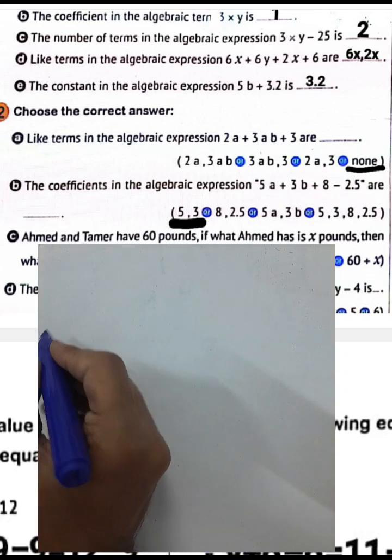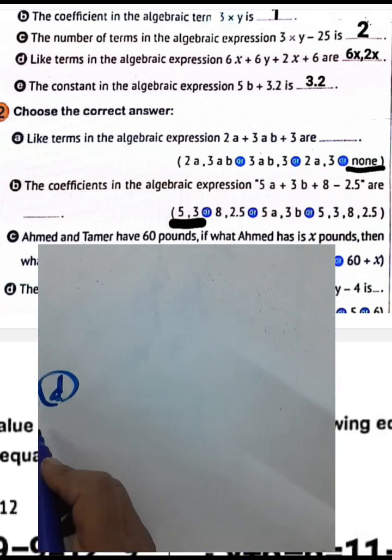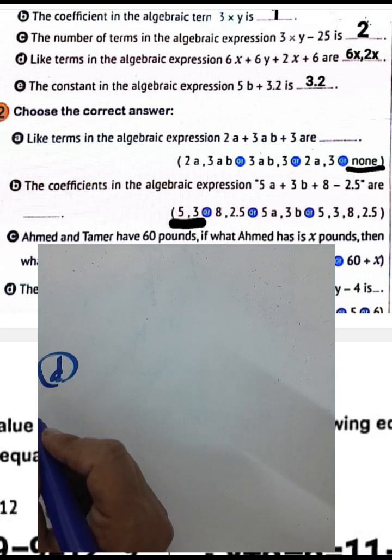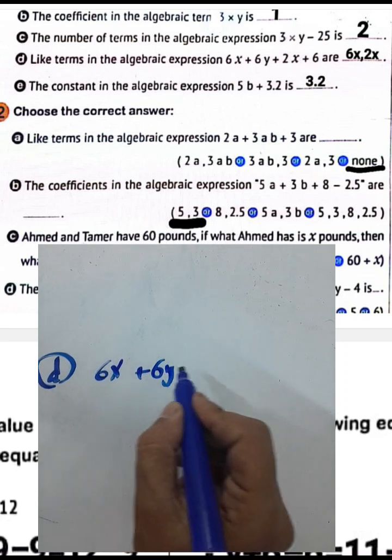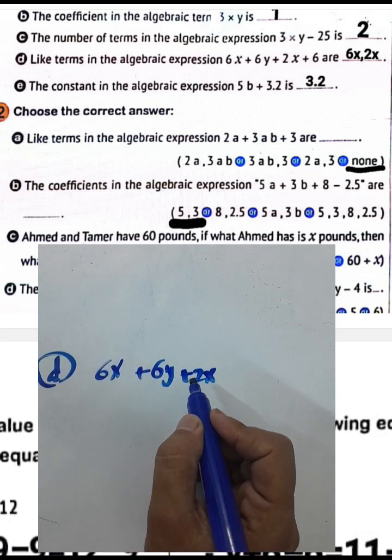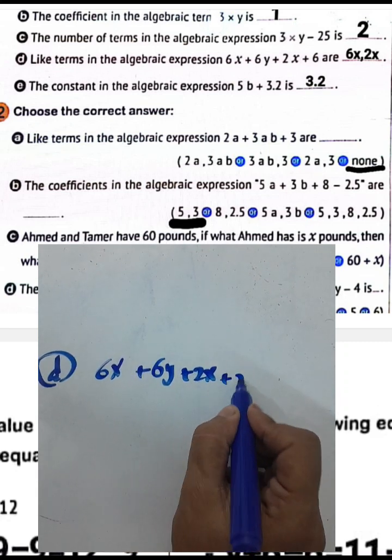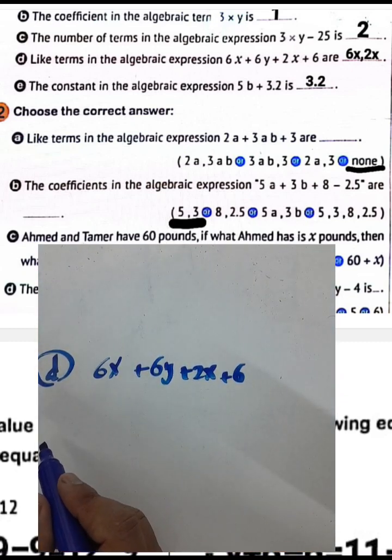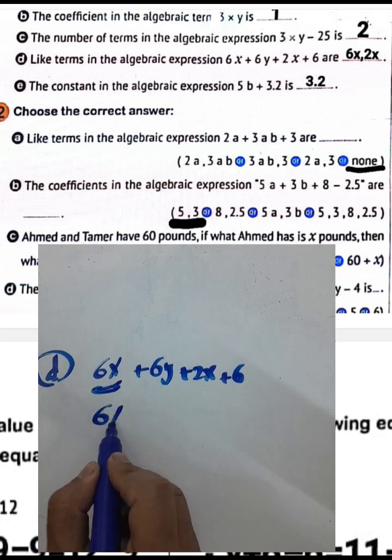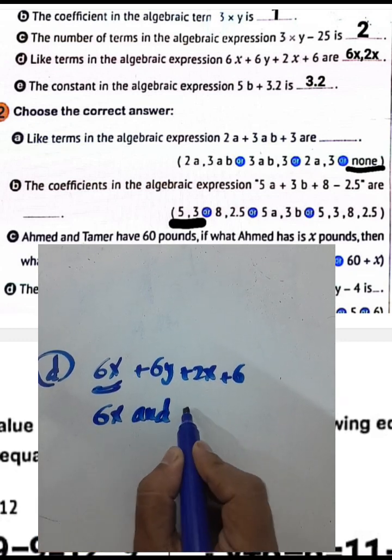Question letter D. Like terms in the algebraic expression: we have 6x plus 6y plus 2x plus 6. He asked about like terms. Where are the like terms here? 6x and 2x.